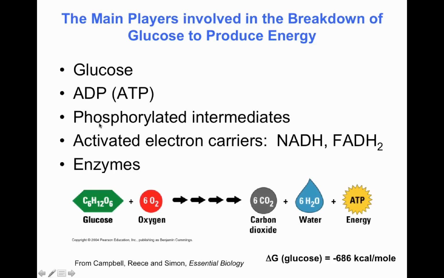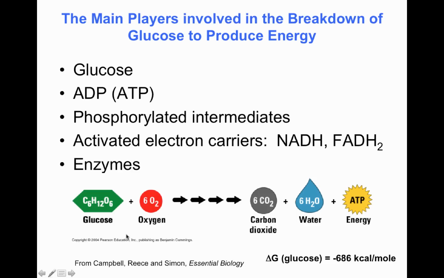You're going to have phosphorylated intermediates during the reactions. You're going to have activated electron carriers, in particular NADH, and later we're going to see FADH2 too, and that will happen in the Krebs cycle. And of course, you have enzymes that are going to lower the activation energy of the reactions to allow them to happen.